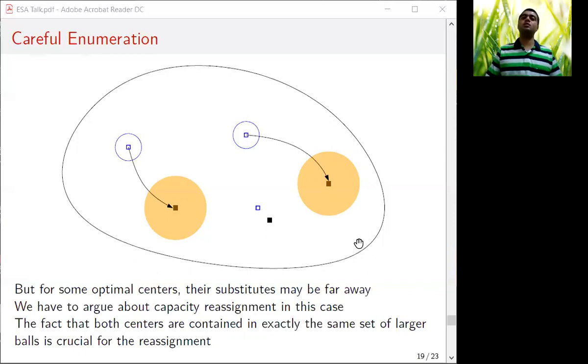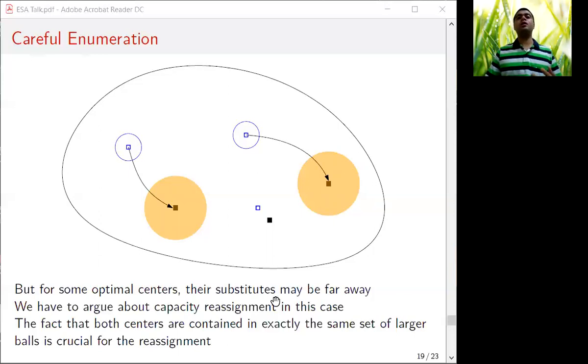That is one fact which we use. And the second is that both the optimal center here and its replacement are contained in this region or equivalence class. So they're contained in exactly the same set of larger balls. And in fact, we'll use those larger balls as a conduit for capacity reassignment.